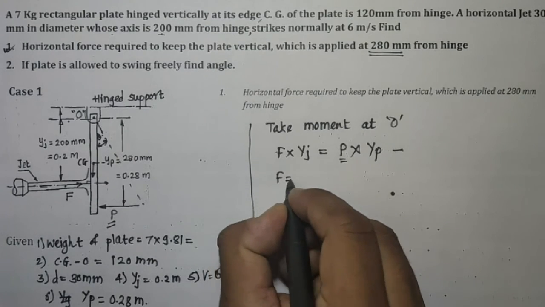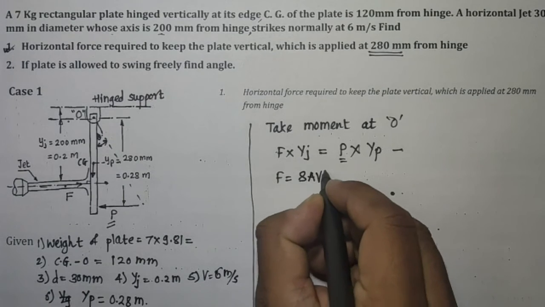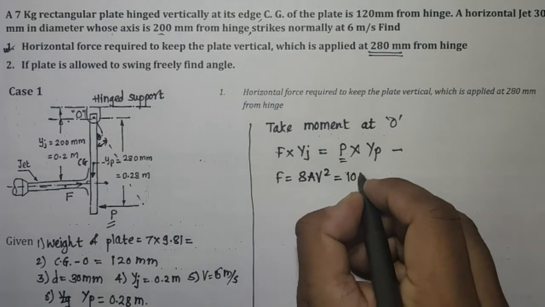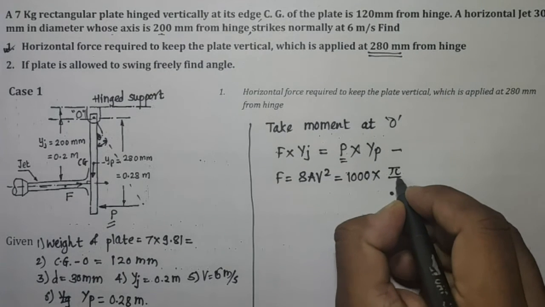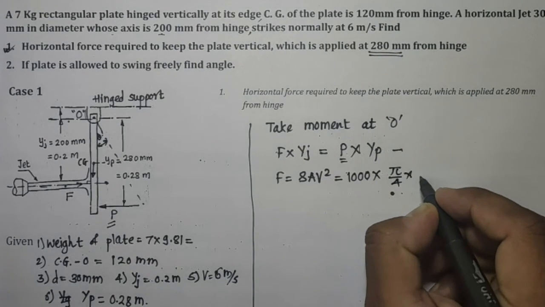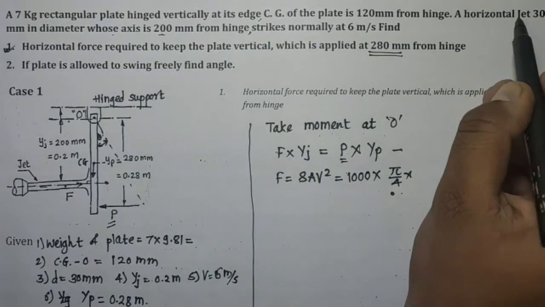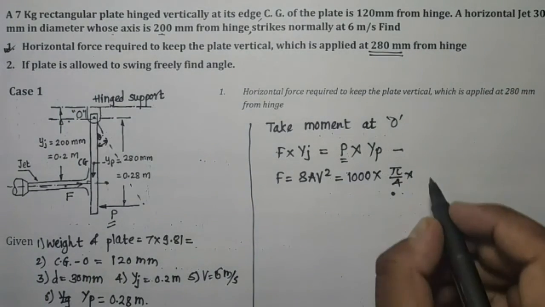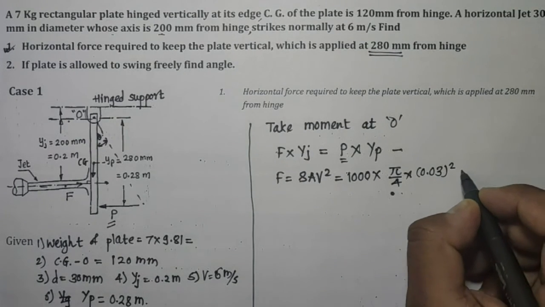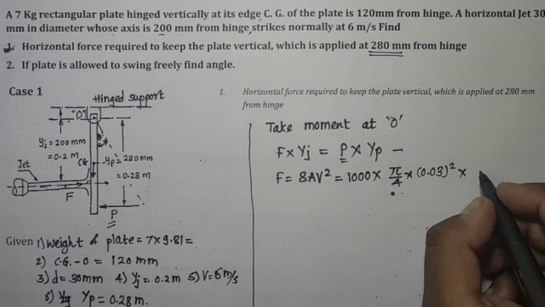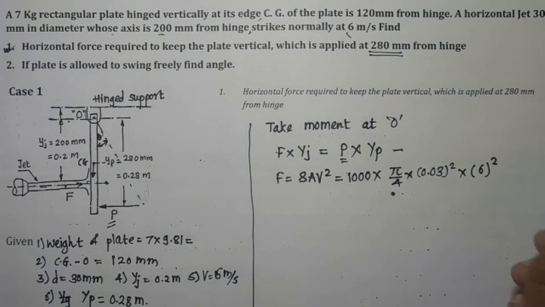So F is equal to the force exerted by the jet, rho a v square. So 1000 into area, where area is pi by 4 into d square, and d in this case, the diameter of the jet, is 0.03 meter, squared, into v square, the velocity of the jet, 6 square.